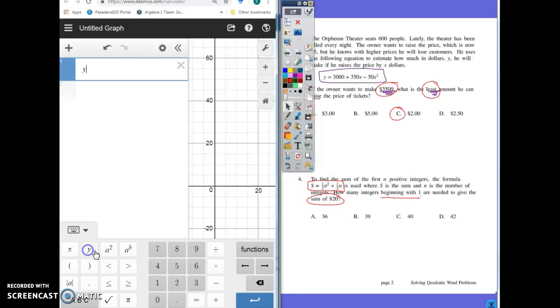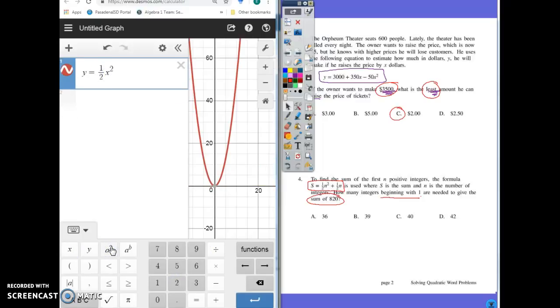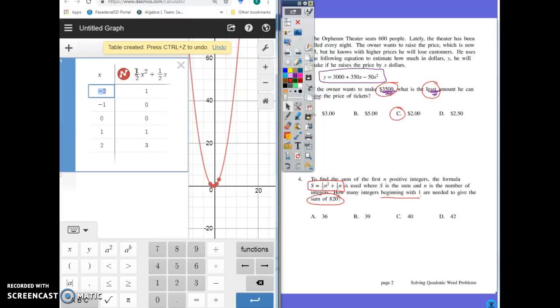So I have y equals 1/2, go over to the side, x squared plus 1/2, go over to the side, x. Go to settings, open the table, because I want to see when I get to 820.